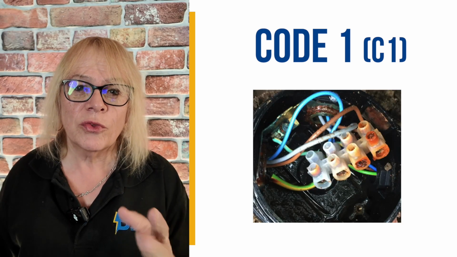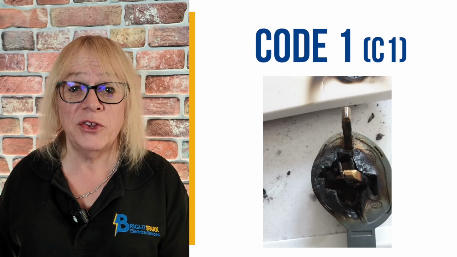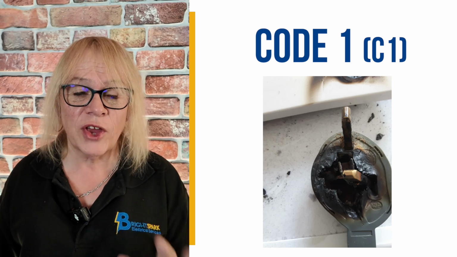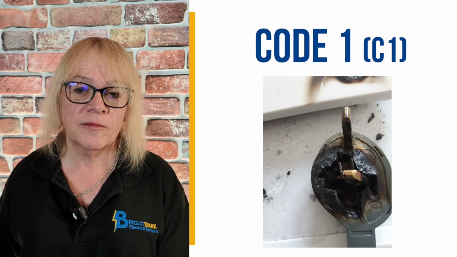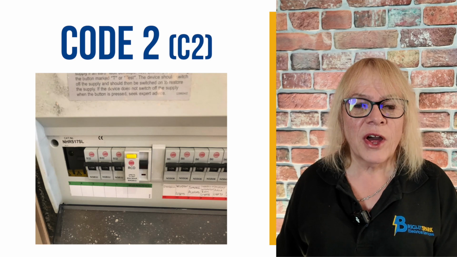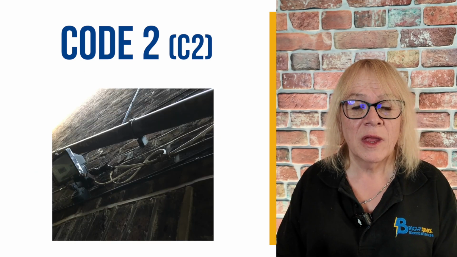It is crucial that the property owner or the responsible party takes immediate action to address these urgent matters to ensure safety and compliance. Code 2, C2. This indicates a potentially dangerous condition that requires urgent remedial action.